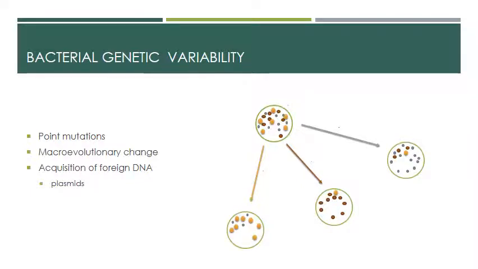But if we throw in the acquisition of foreign DNA through plasmids, then we're talking about significant, rapid change, where over here, if we include that, we might get a purple, or in this case, a red organism that's completely different from the original organisms. So we can get significant change if we're talking about the acquisition of foreign DNA.